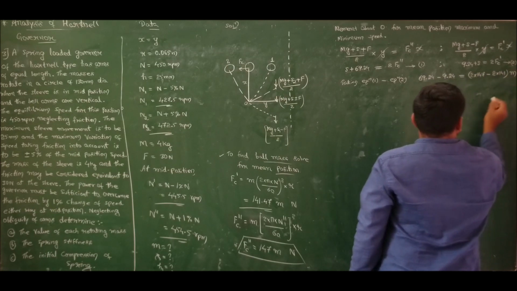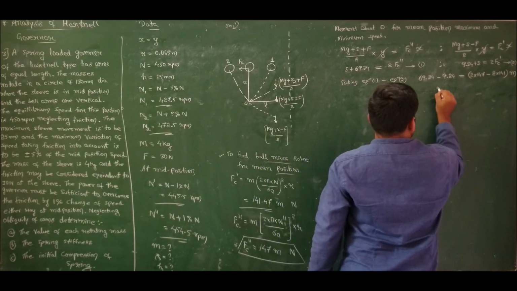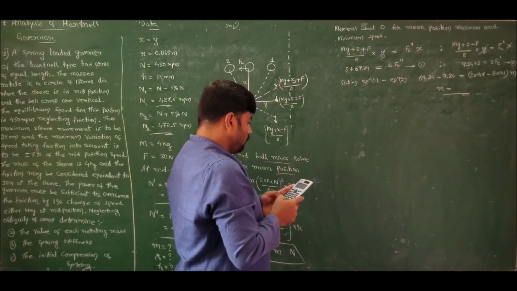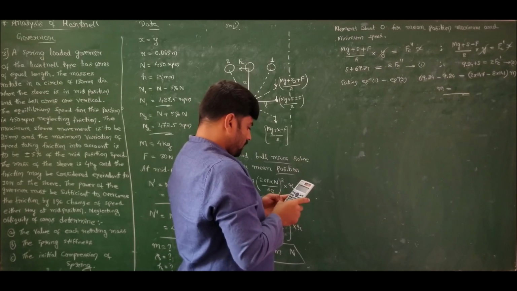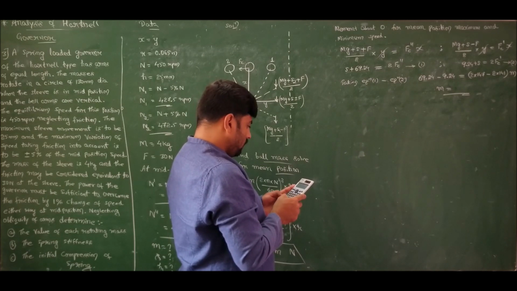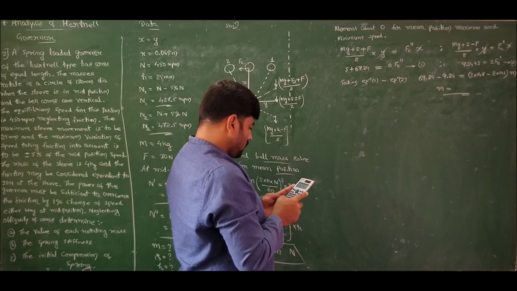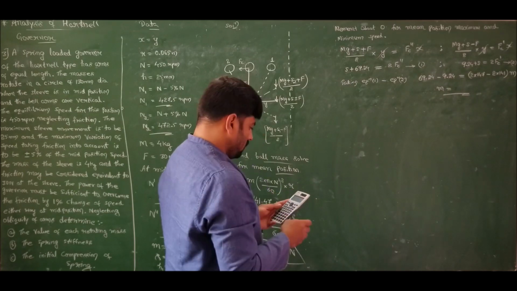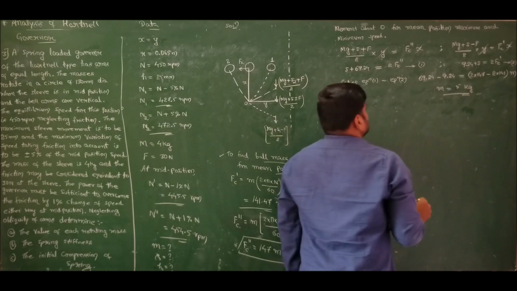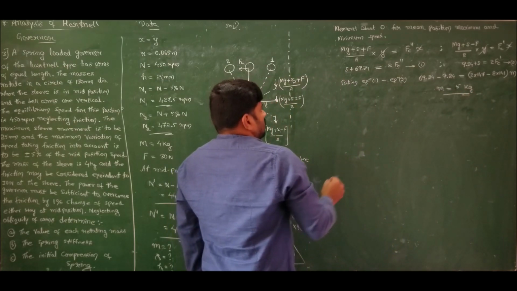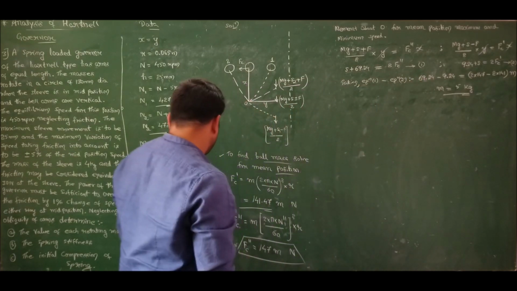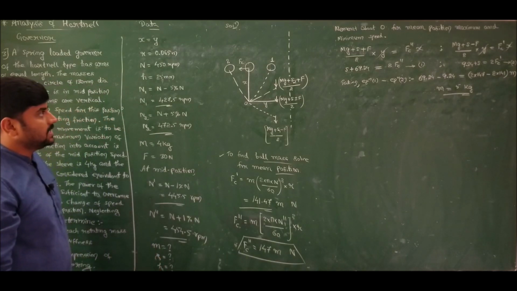I will take M common. Therefore, the mass of each ball will become 69.24 minus 9.24 divided by 2 into 147 minus 2 into 141, which is 5 kg. So we have got the mass of each rolling ball. It is coming out to be 5 kg.